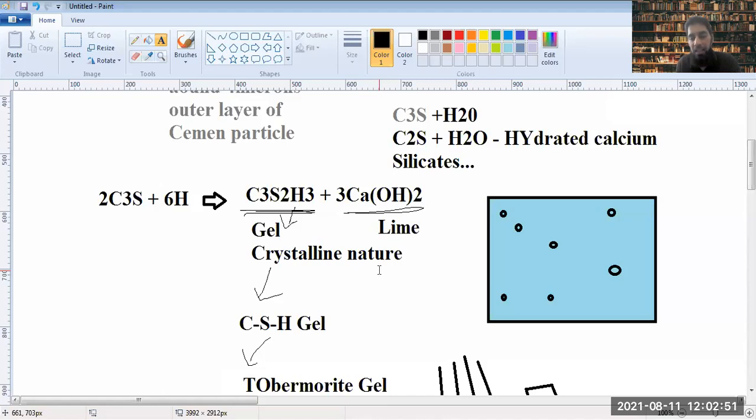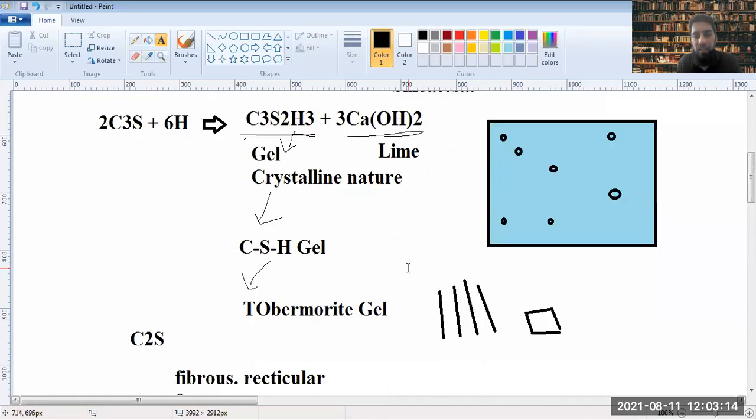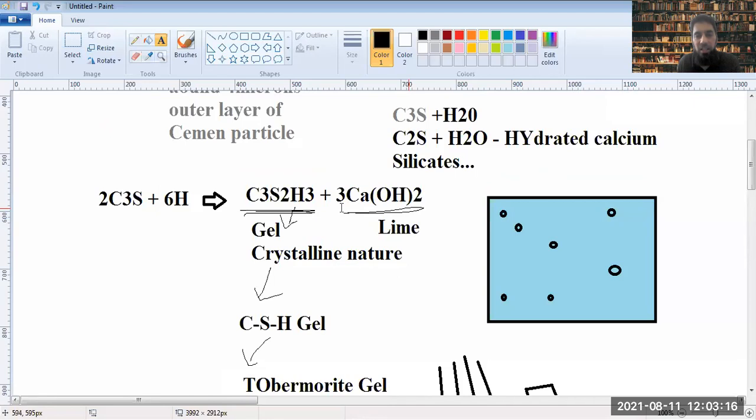So heating above 330 degrees Celsius, not 330, it's 430 degrees Celsius, is not advisable in cement. But if there is a fire happening at a particular place, temperatures easily cross 430 degrees Celsius. So cement will break apart, will crack due to the presence of this calcium hydroxide.